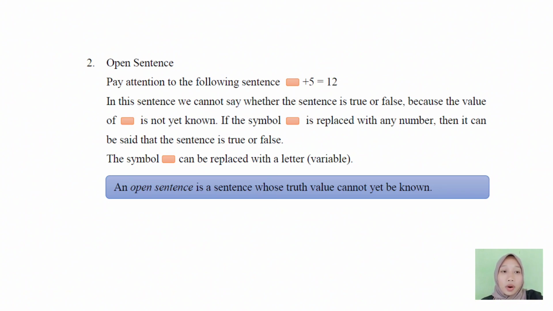If the symbol box is replaced with any number, then it can be said that the sentence is true or false. The symbol box can be replaced with a letter variable. So, an open sentence is a sentence whose truth value cannot yet be known.